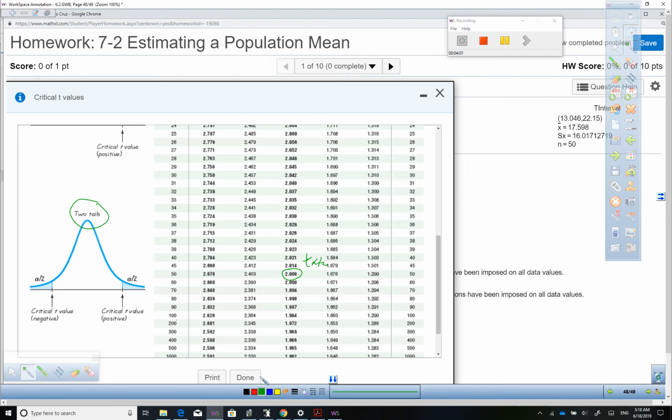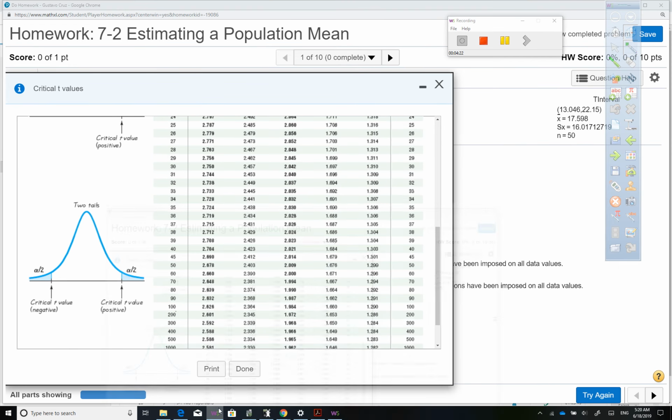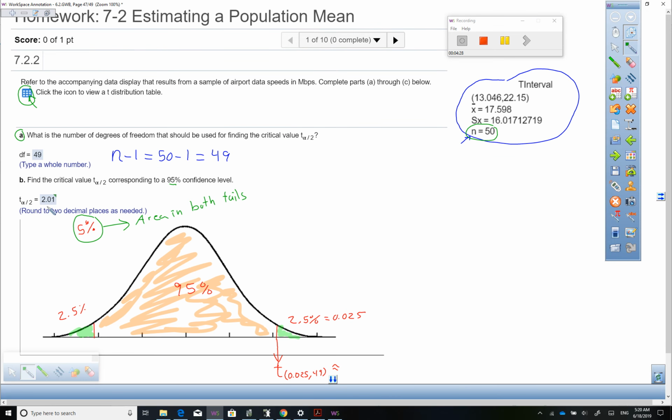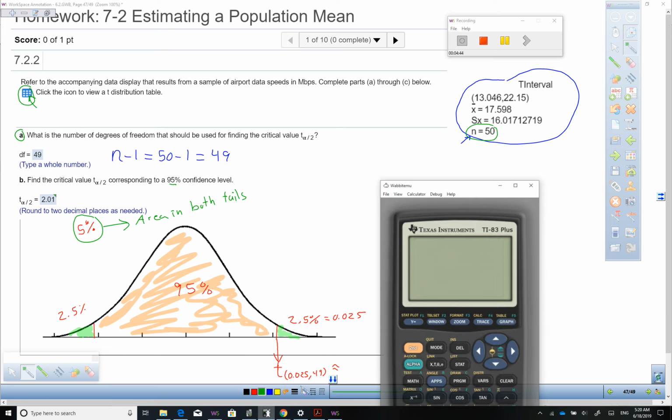So that's exactly what we have in this part of the problem, 2.01. And there is another way to find this value, but it's a little bit more complicated. I'm going to show you just if you want to have fun with that.